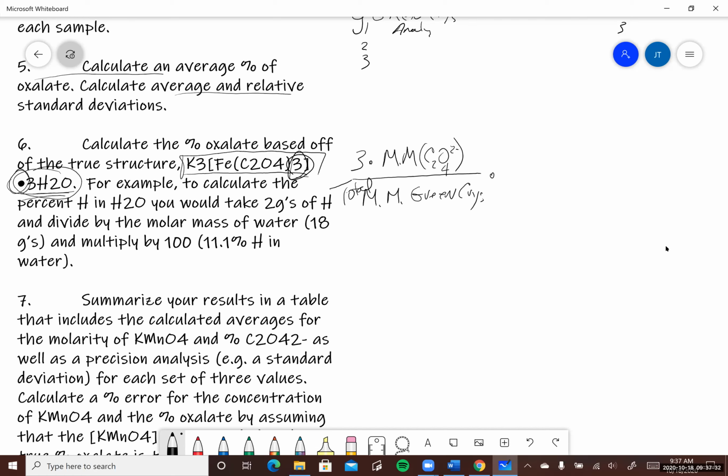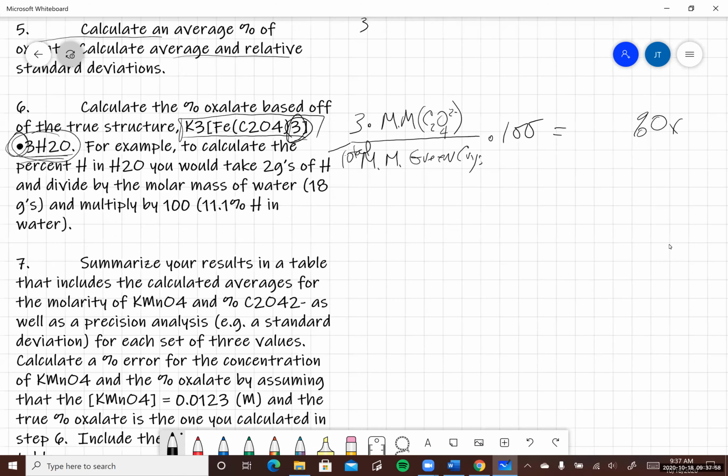And then you multiply that by 100, and then you get your answer. I think it's, I don't remember, it's like 54%, somewhere in that area, that you should get. And that's the true percent oxalate given the formula. And that's what you're going to compare for your error analysis.